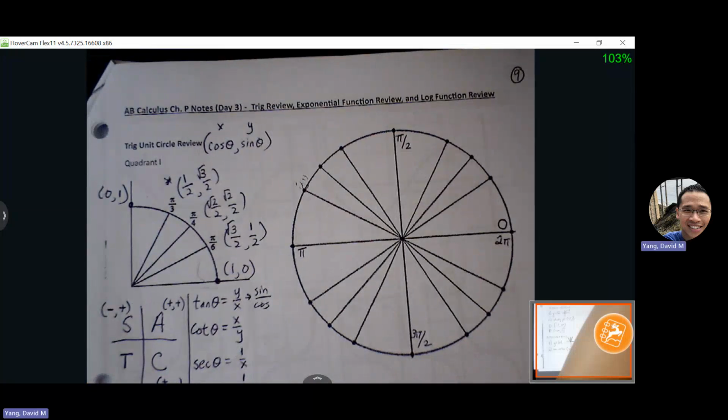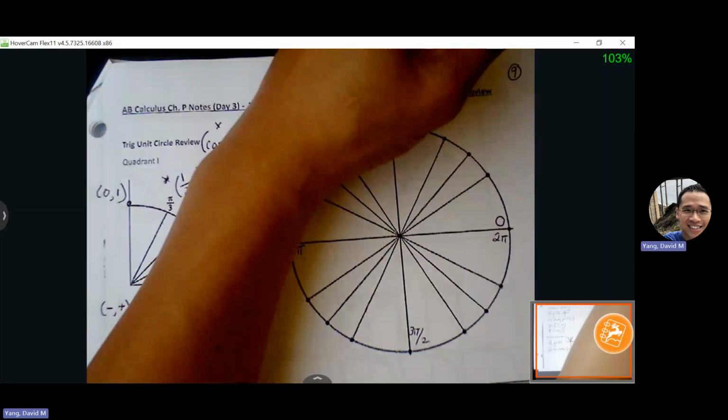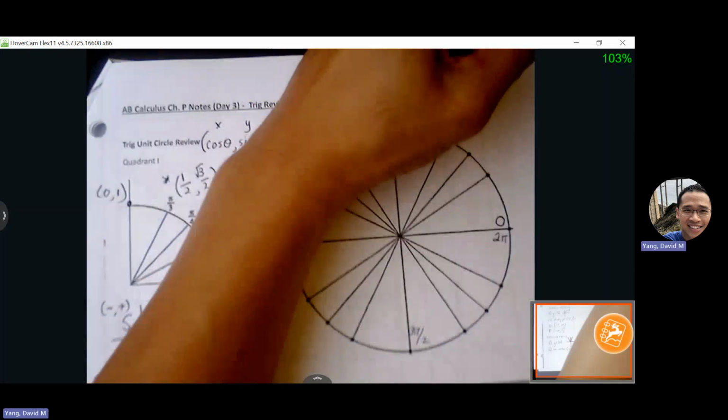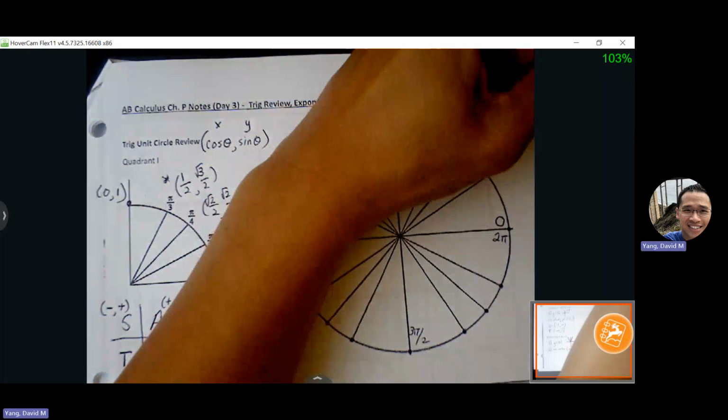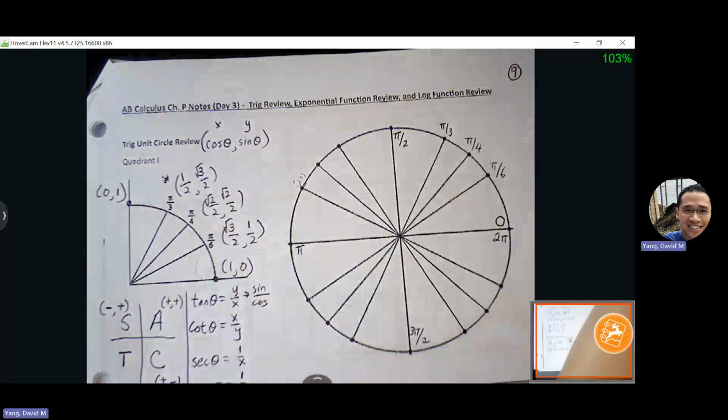So I think, from my previous experience, first quadrant, students don't have issues. It's the second, third, and fourth quadrant that we sometimes forget or have a little bit more trouble remembering what the radian measures are. Let me just do this here. So this is pi over 3, pi over 4, pi over 6.